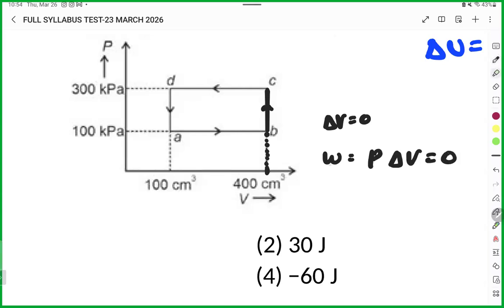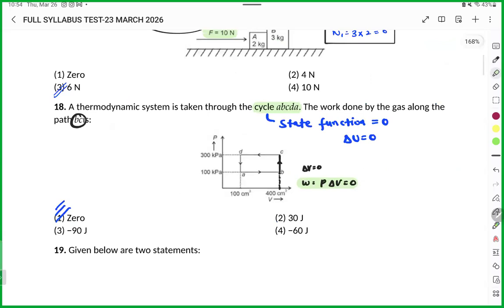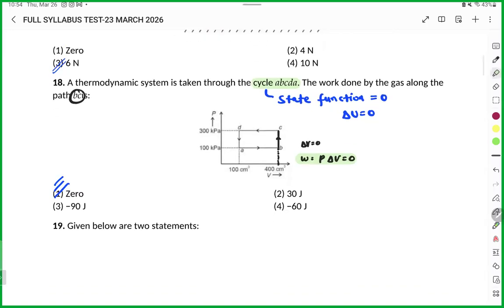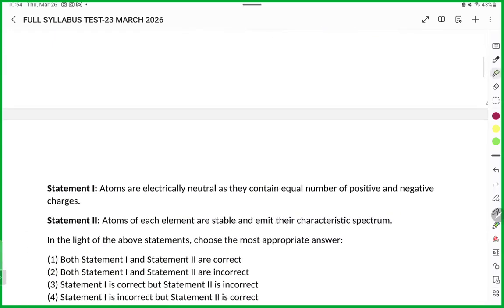Done. Anybody have a doubt? If no, then we can move to the next question.